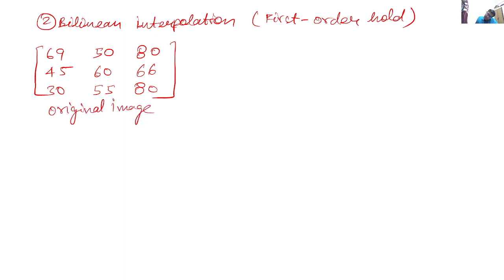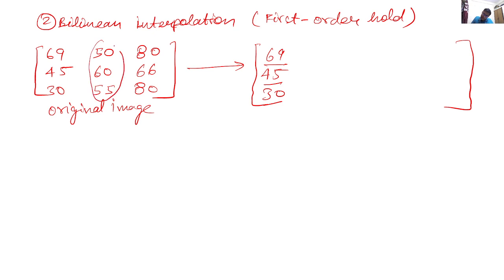Let's expand the columns. The first stage is very simple. 69, 45, 30. The first column will stay as the first column. The second column of the original image will become the third column in that case: 50, 60, 55.